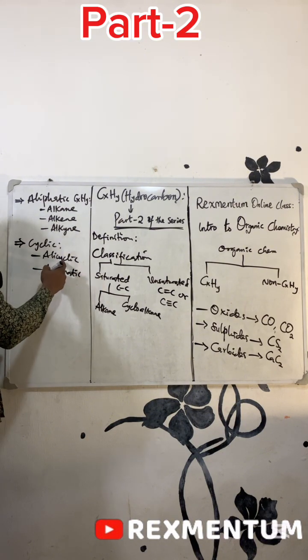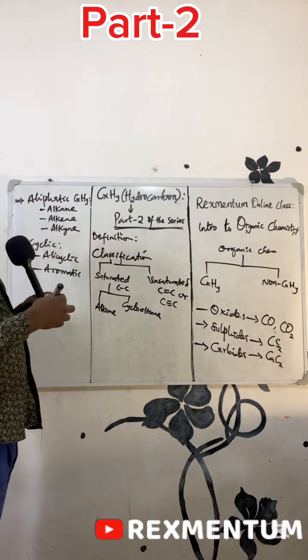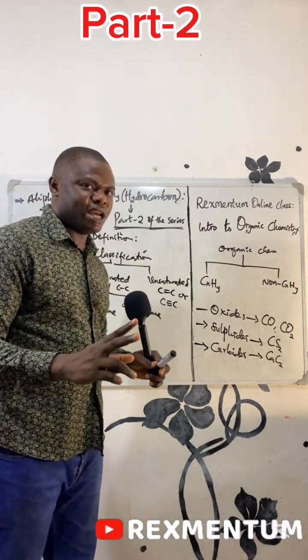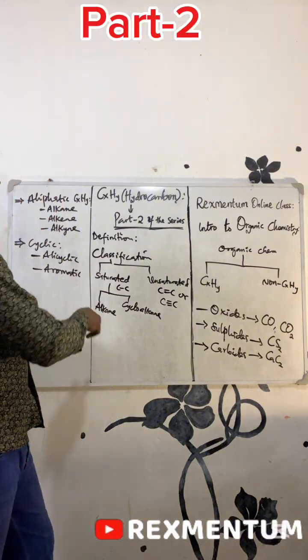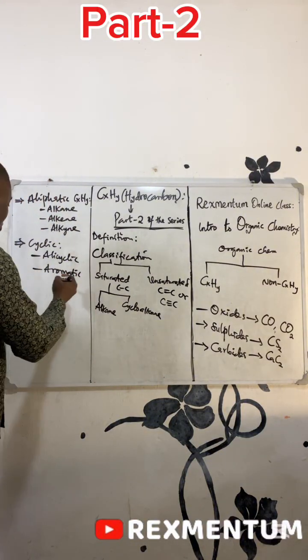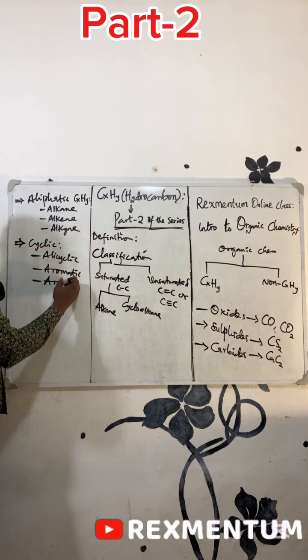Alicyclic are more or less like aliphatic, hydrocarbons in the nature of aliphatic, but here they form a ring. Whereas when we talk about aromatic, there is benzene and benzene-like substances. There's also aromatic with aliphatic connection, which we call allyls.